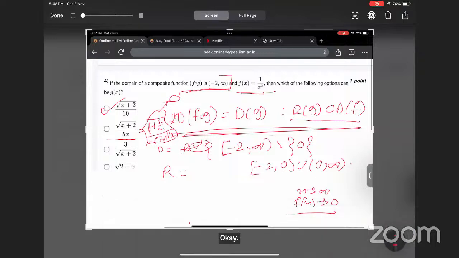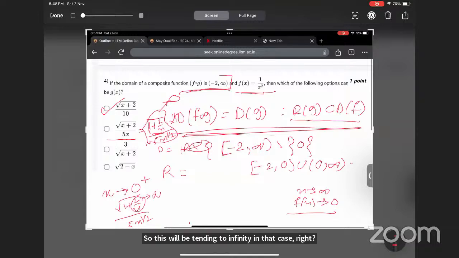Okay, I mean, when x is tending to 0 on the positive side. Yes, ma'am. Then this portion, root over 1 plus 2 by x, times 5 x power half, this we have, right? So this will be tending to infinity in that case, because this whole term will be tending to positive infinity, right?